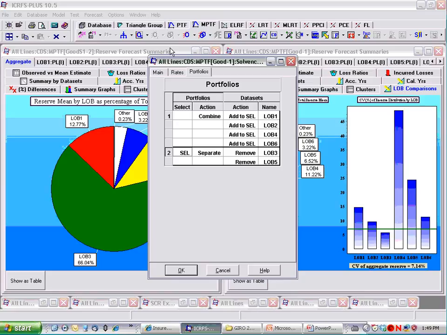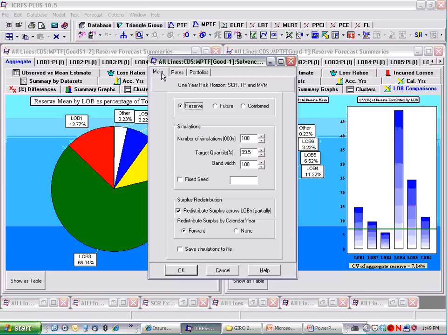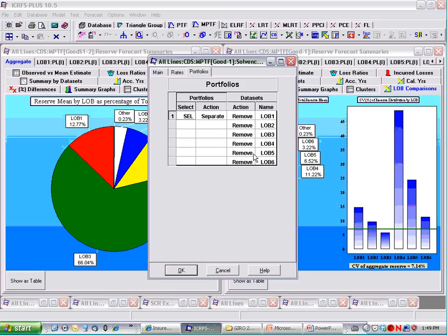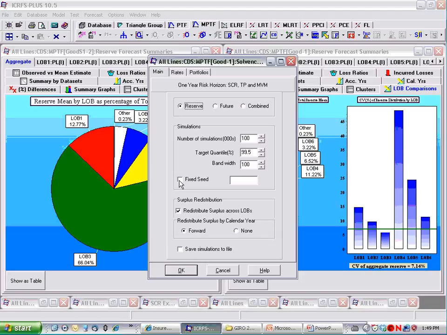But let's go back and very quickly make them redistribute surplus across LOBs, so we only have one portfolio. Let's fix the seed. Let's call it 1, 2, 3, 4, 5.